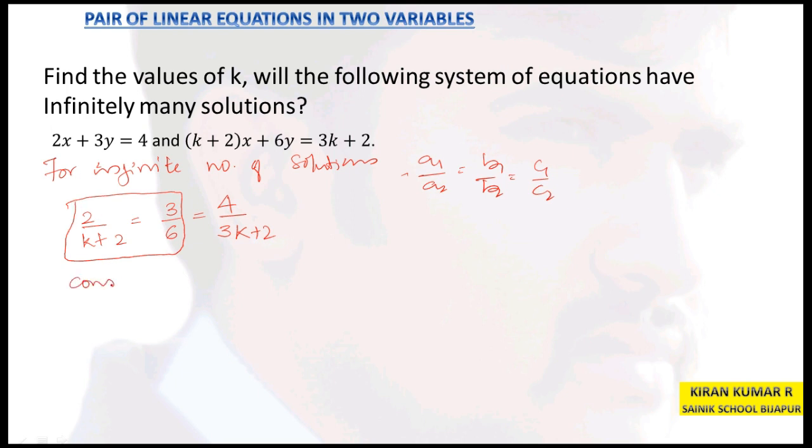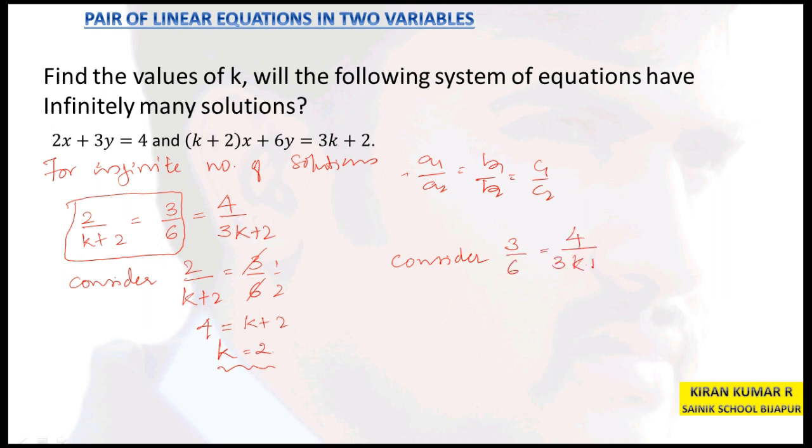Let's consider 2 upon k plus 2 equal to 3 upon 6. 3 twos are 6. Now we need to cross multiply to get 4 equal to k plus 2. So the value of k is 2. Suppose you consider the next two, 3 upon 6 equal to 4 upon 3k plus 2.